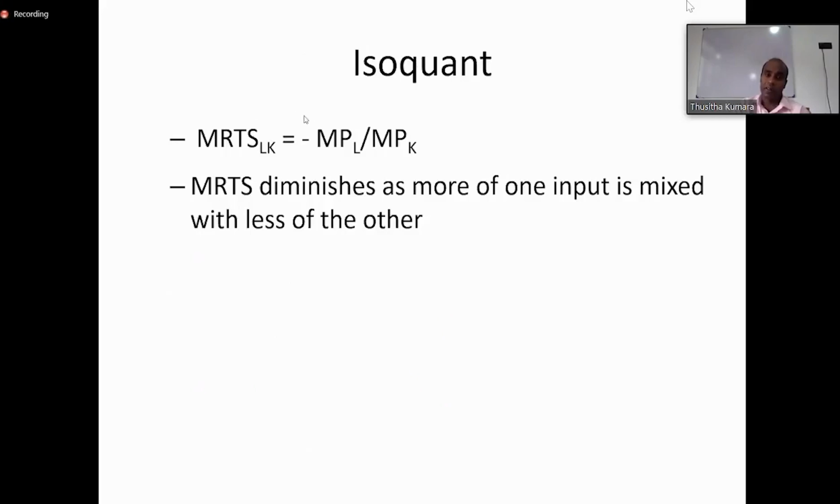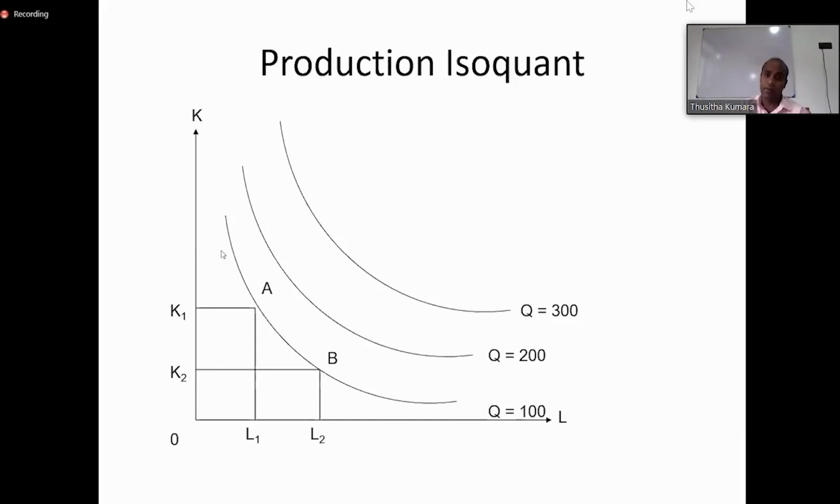This one I discussed previously. Marginal rate of technical substitution equals MPL divided by MPK, marginal product of labor divided by marginal product of capital. If you look here, you have this much capital and this much labor. Then you decrease this much capital and get this much labor. Then you decrease this much capital and this much labor. Likewise, you can go further.